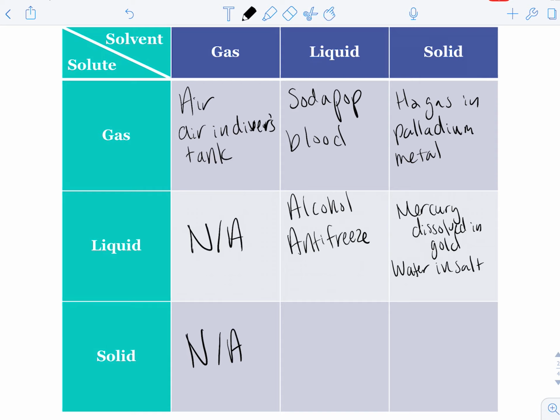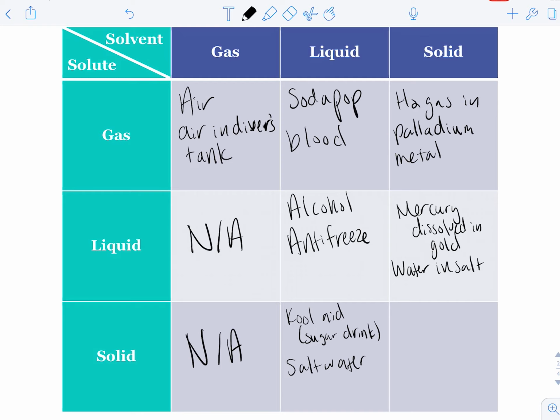A solid solute in a liquid solvent is also another very common thing. Kool-Aid, right? Any sugary drink, basically. And salt water, the ocean, if we were to filter it out.